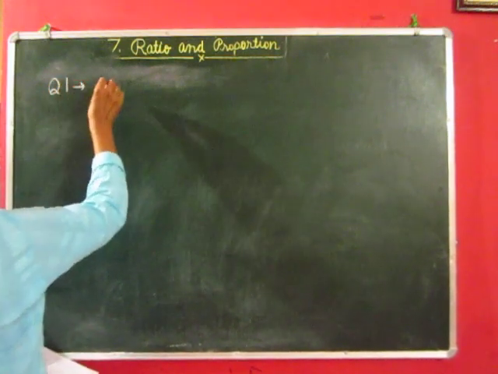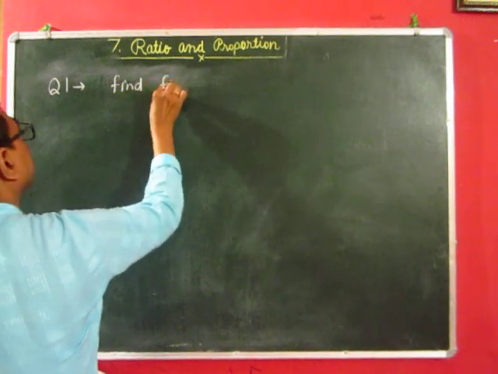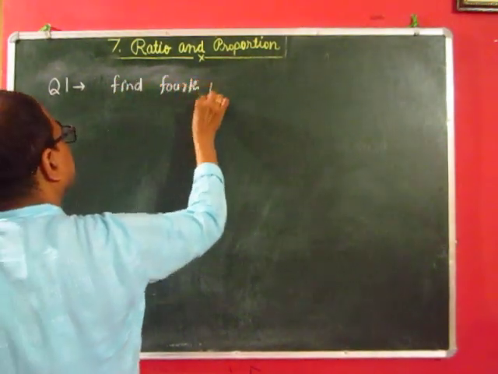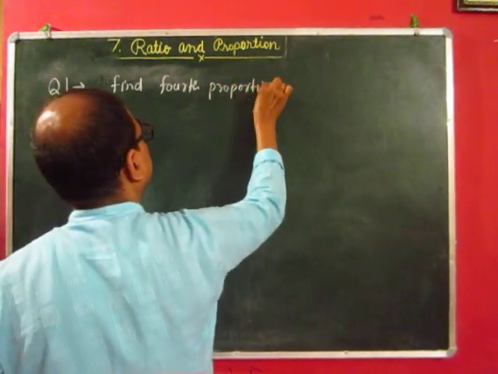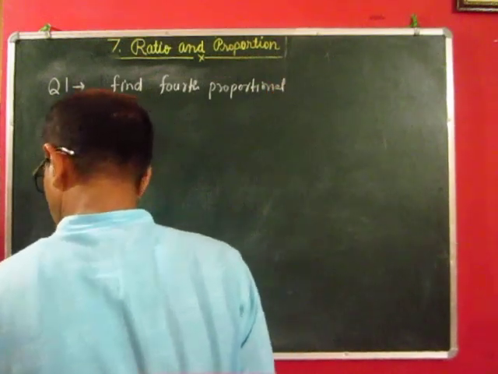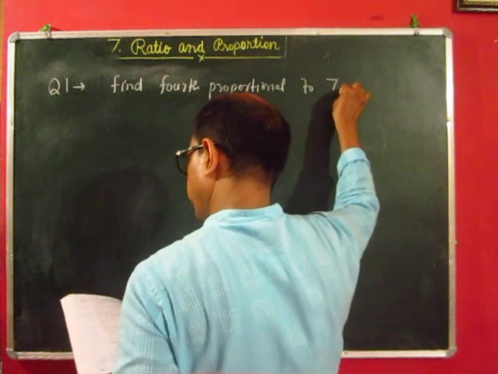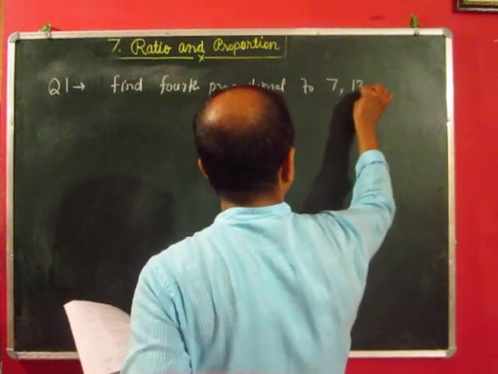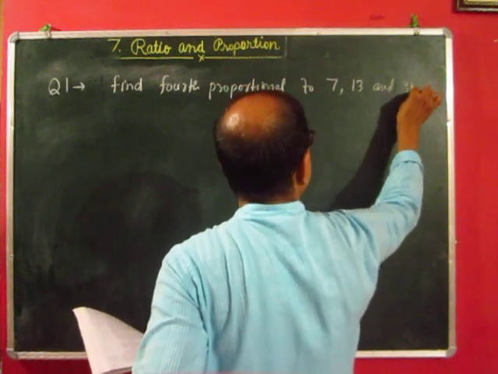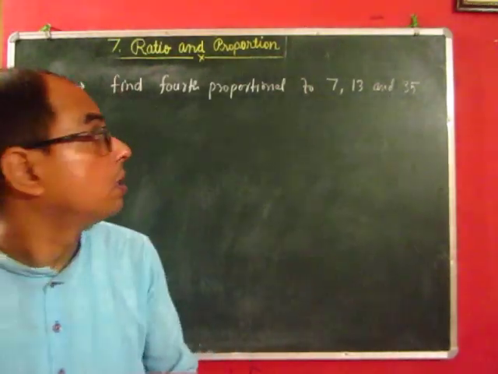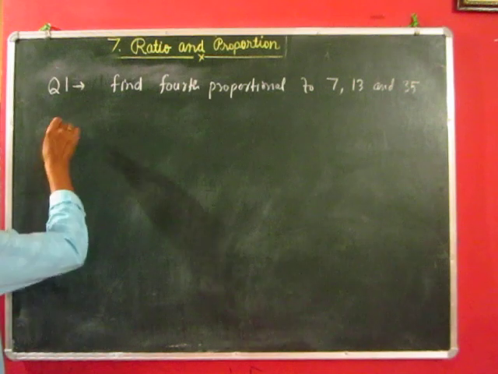Question 1: Find the fourth proportional to 7, 13 and 35. Find the fourth proportional to 7, 13 and 35. Clear?